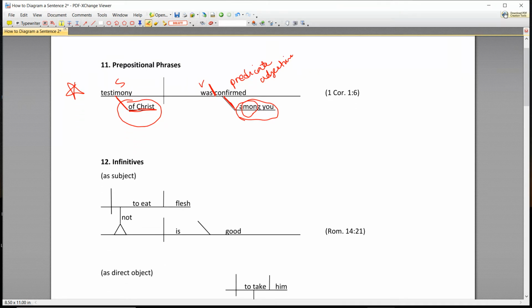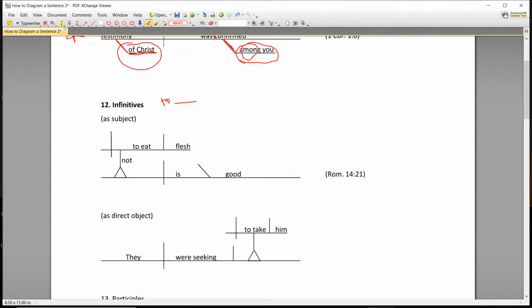Go to number 12, infinitives. Infinitives, in other words, it's a phrase that's headed by to something, right? To something. So look at this sentence taken from Romans 14:21. Not to eat flesh is good. So here, not to eat flesh as a whole is an infinitive phrase, right?